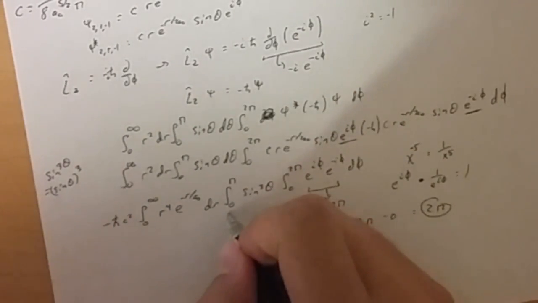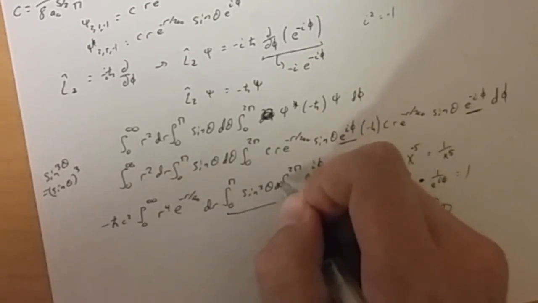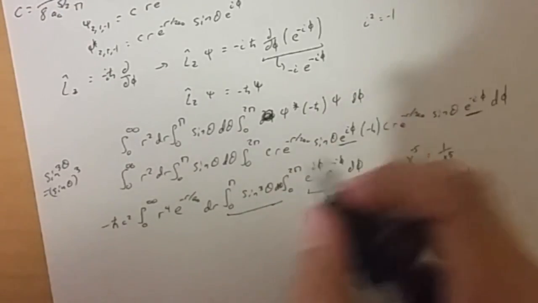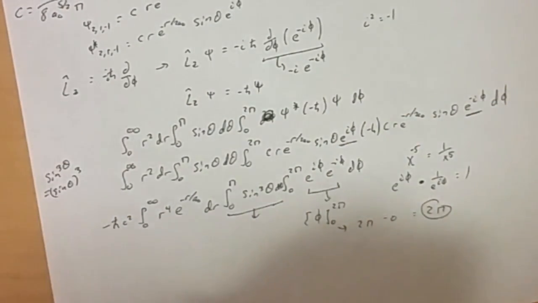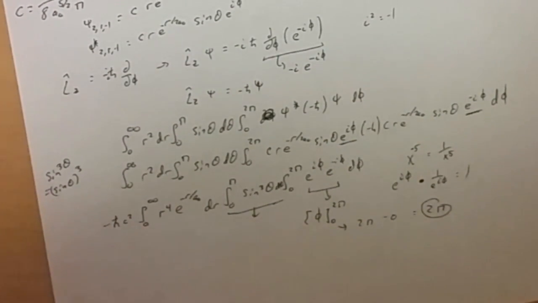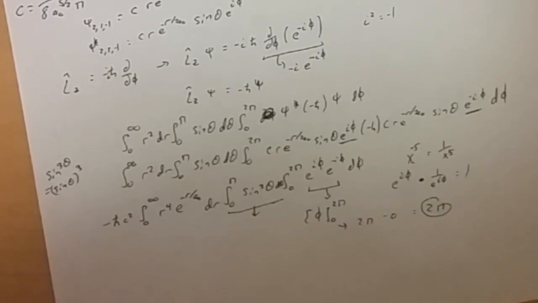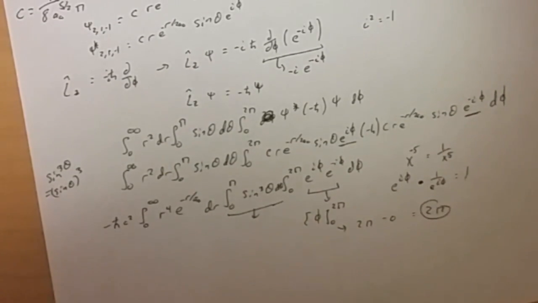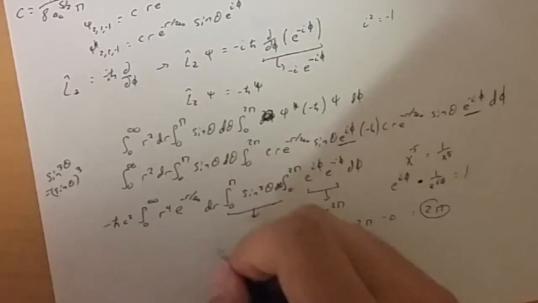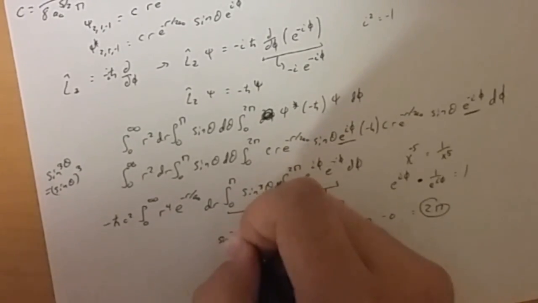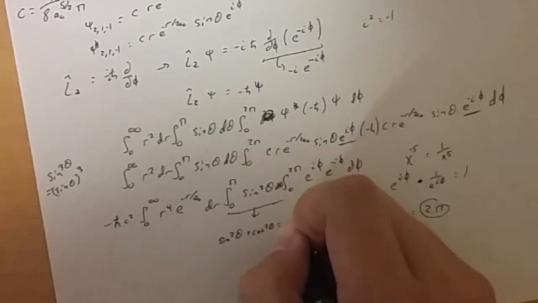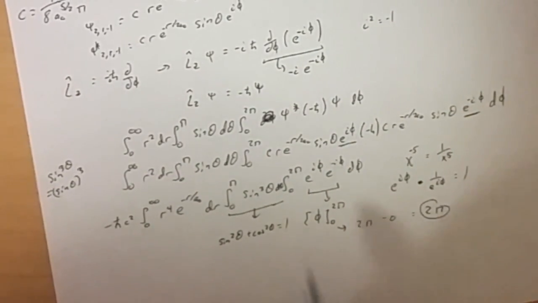Let's move on to the next set of brackets. Oh, there's a d theta here, sorry. So if you're wondering how to do sine cubed, it's doable. You just need a trick. The trick is that sine squared of theta plus cosine squared of theta equals 1.